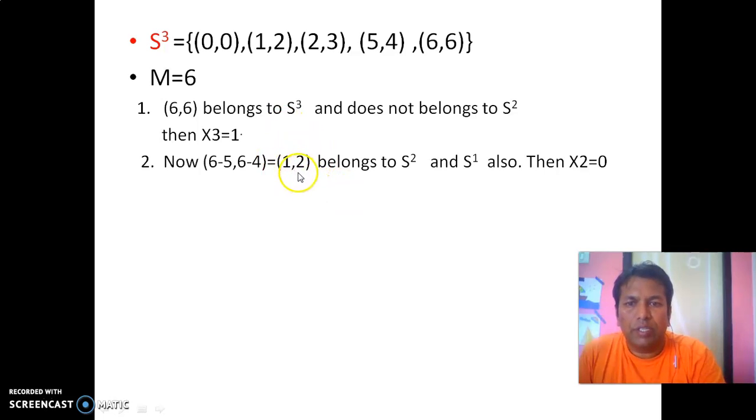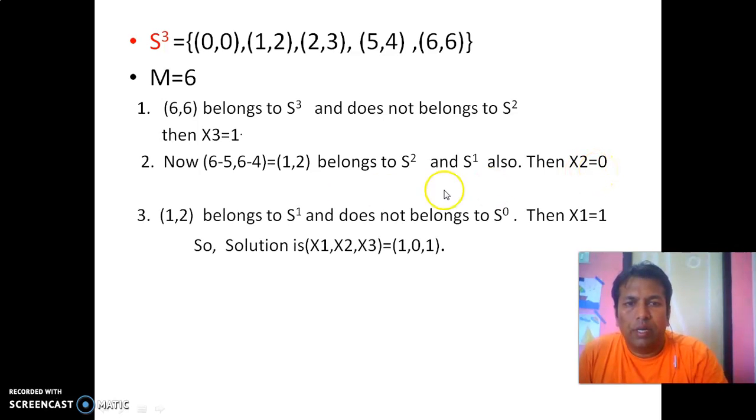Now check whether this belongs to the previous set, S power 2. It belongs to S power 2, and it also belongs to S power 1. So this value comes from the set S power 1 and was copied into S power 2, which means the x2 value we consider as 0.